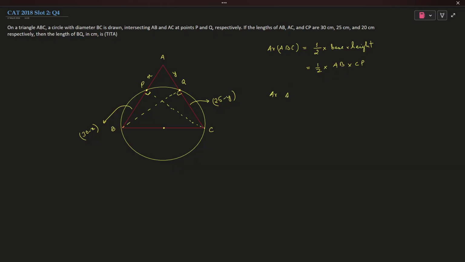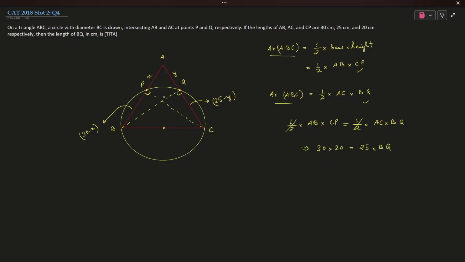And I can also say area of triangle ABC is half into base AC, then the height will be BQ. Since these are the areas of the same triangle, both must be equal. So half into AB into CP should be equal to half into AC into BQ. Half and half will get cancelled. AB is 30, CP is 20, AC is 25 into BQ.